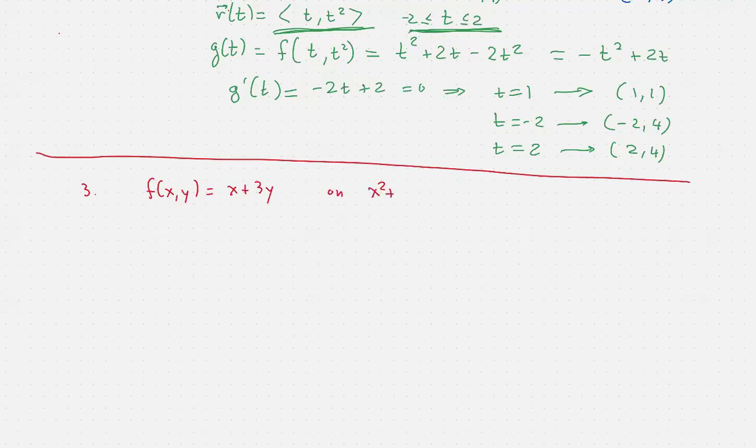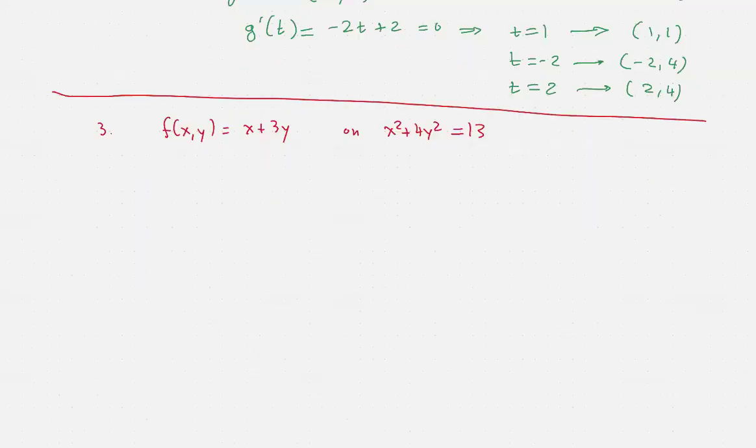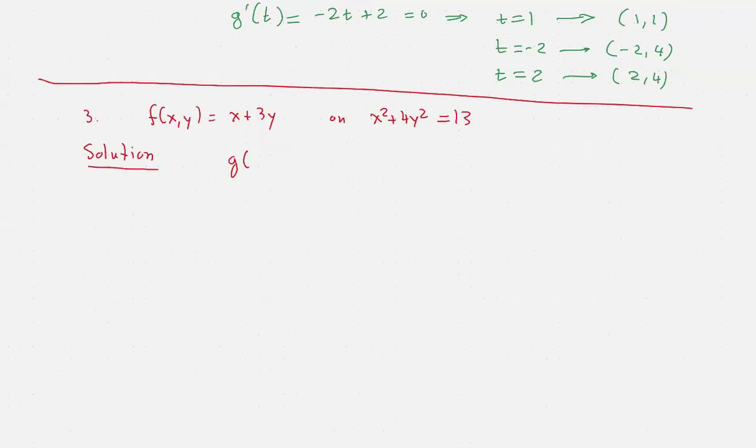Okay, we recall here that we need to first of all define a function that describes our constraints. So we define g of x, y to be x squared plus 4y squared minus 13. And then the system that we need to consider is that the gradient of f is lambda times the gradient of g, and g is equal to 0.